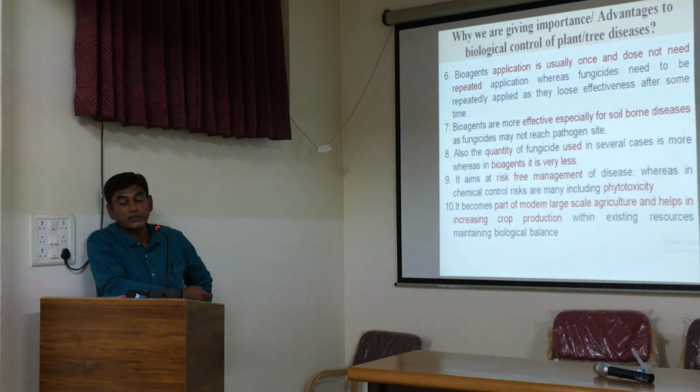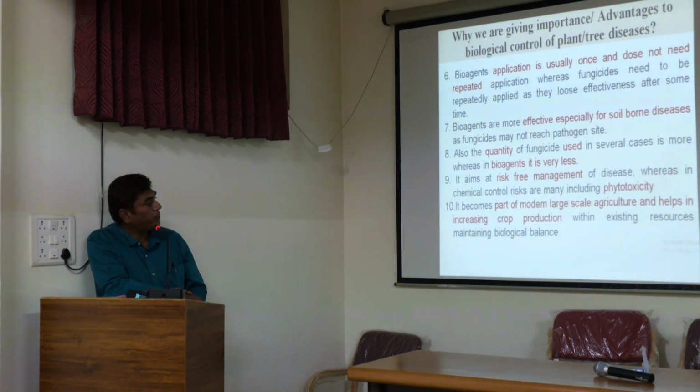You can see in the case of chemicals, there is phytotoxicity if you use an overdose or mix with other chemicals. But in the case of bioagents, it is very risk-free management. This biofungicide becomes part of modern large-scale agriculture and also helps in increasing crop production.